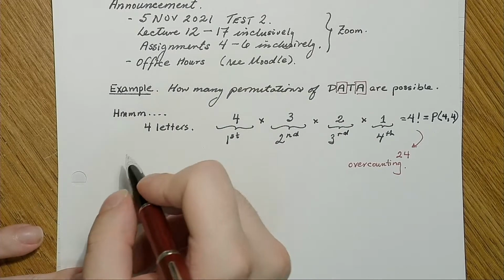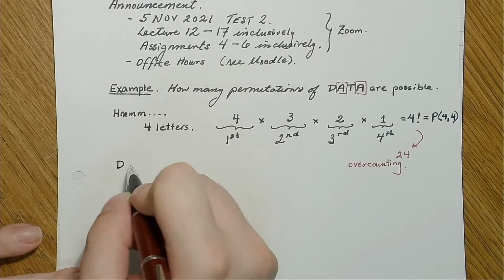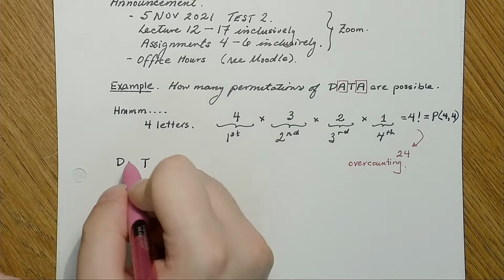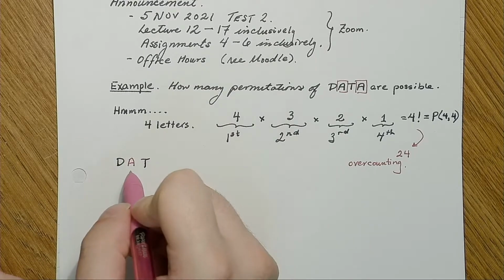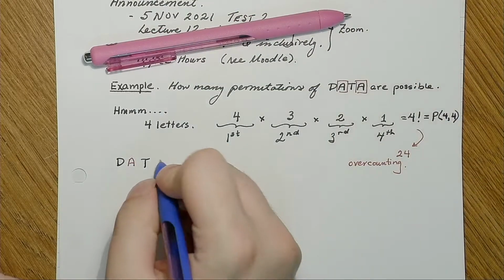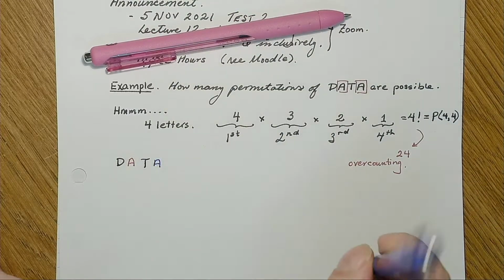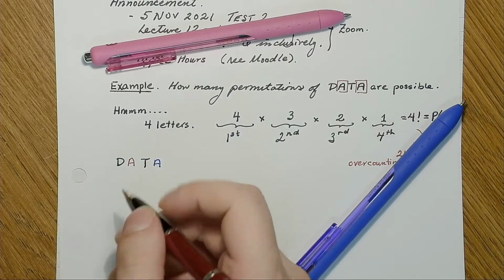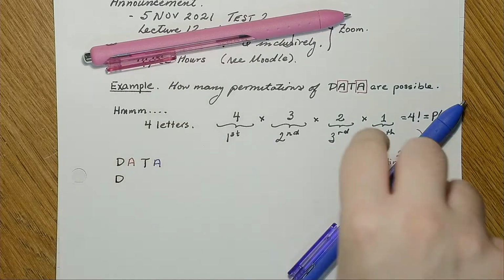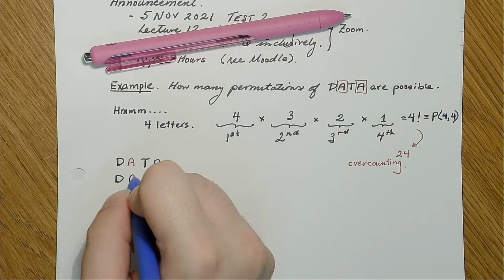Because for instance, if I write out data, and I think of it as distinguishable, there's an A there, and let's think of another one over here. You can change the order there.